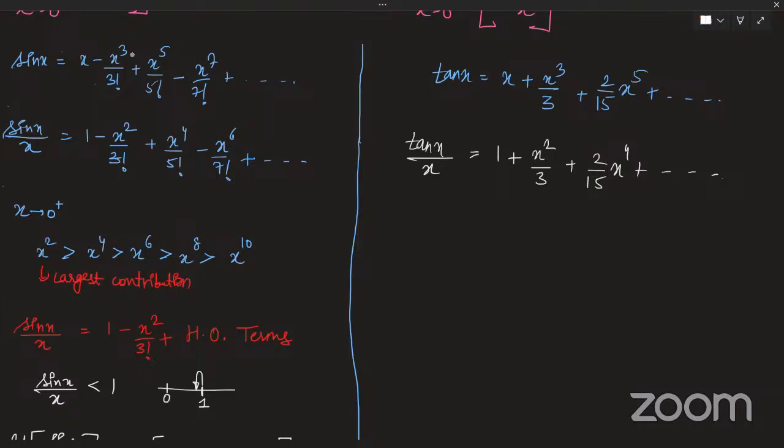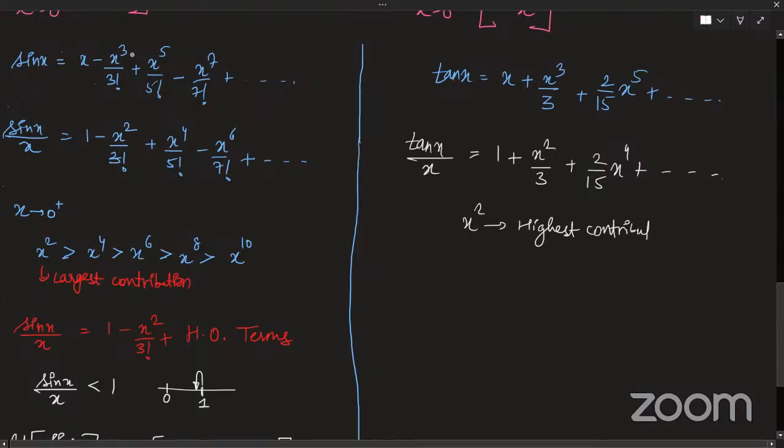Sir, x square by 3. Obviously x square has the highest contribution. So tan x by x is 1 plus x square by 3 plus higher order terms.